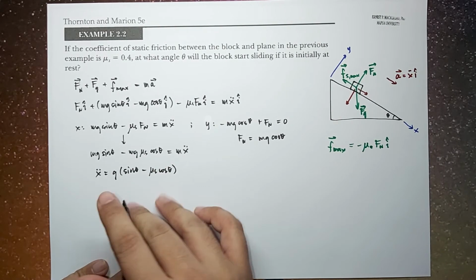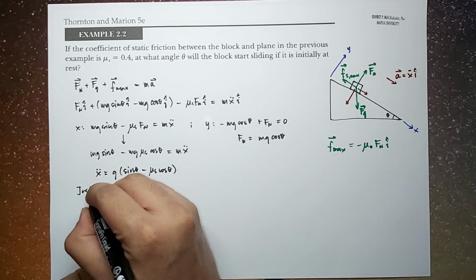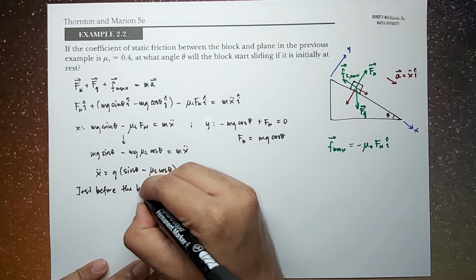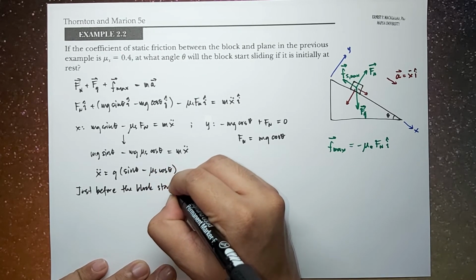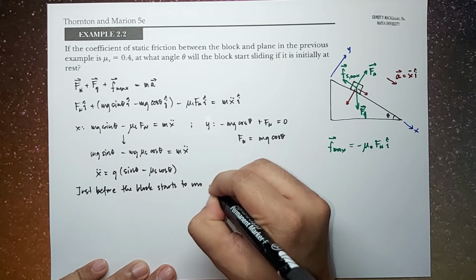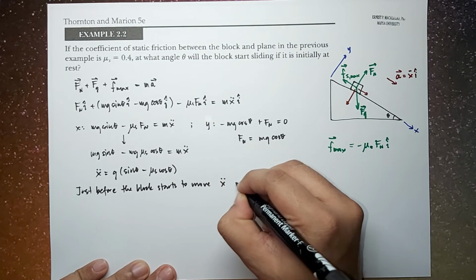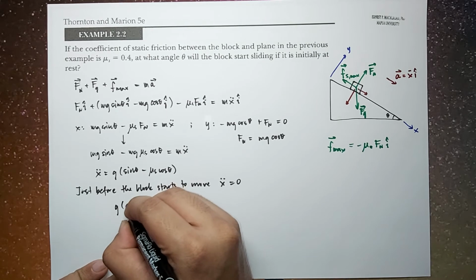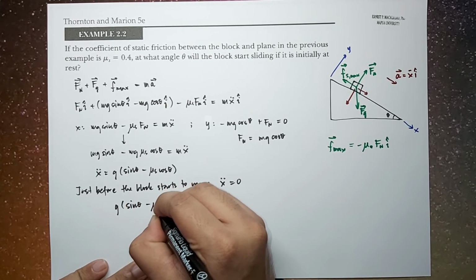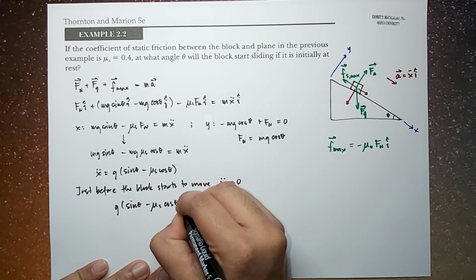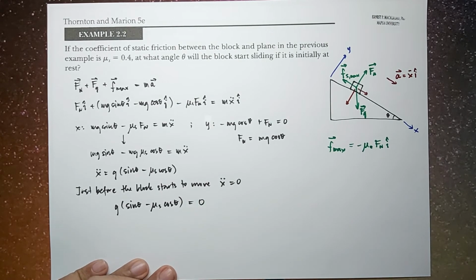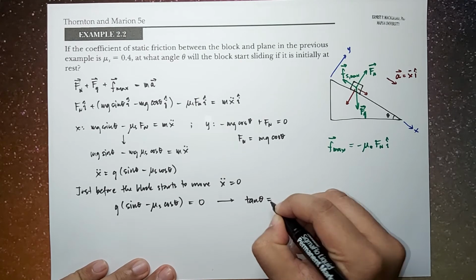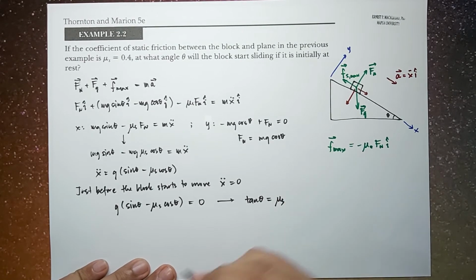Okay, so from here, just before the block starts to move, that means acceleration is still 0. So this means that g sine theta minus mu s cosine theta is equal to 0, which gives us the expression that tangent theta will be equal to mu s.